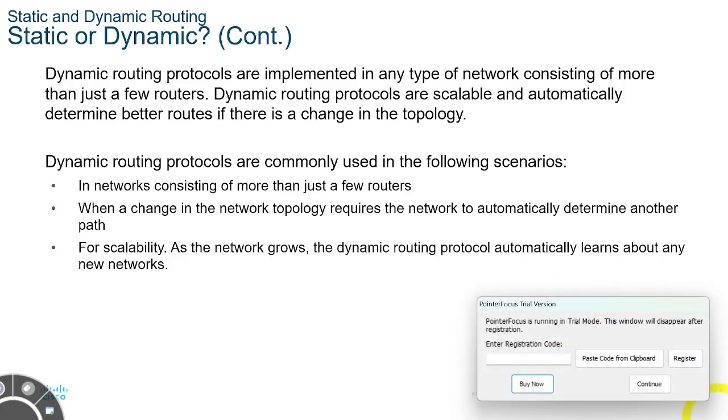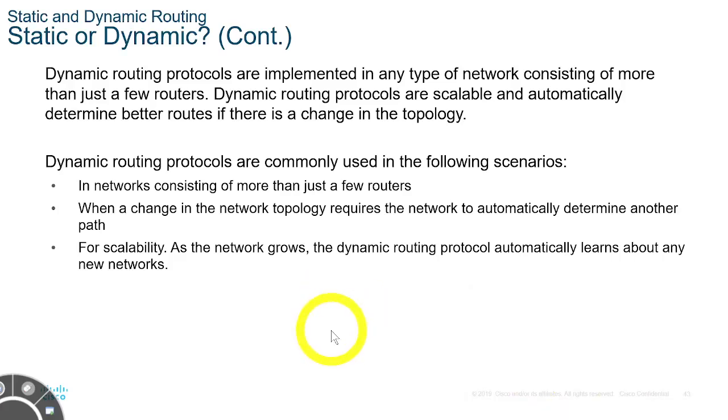So this is very important, and using routing protocols is important when the network is scalable. That means we don't expect the size of the network to stay fixed. For scalability, as the network grows, the dynamic routing protocols automatically learn about any new networks.